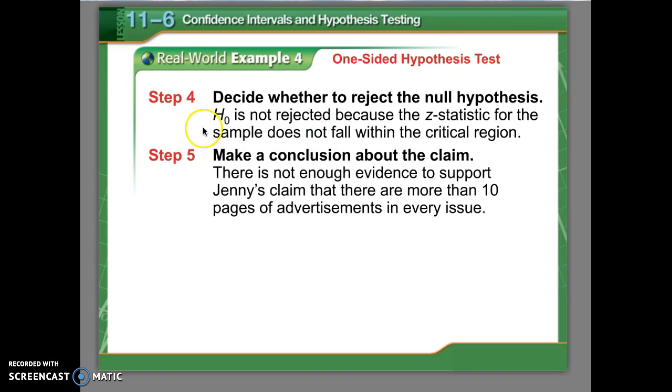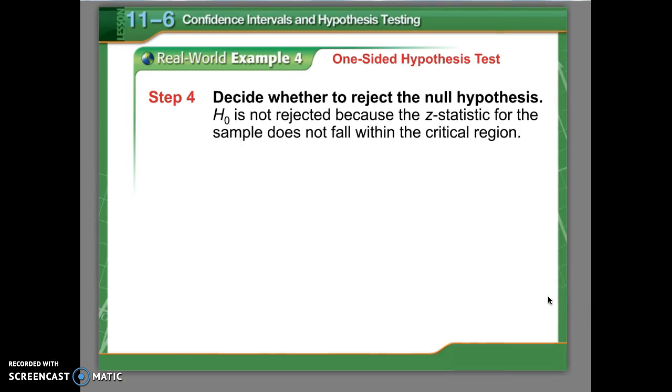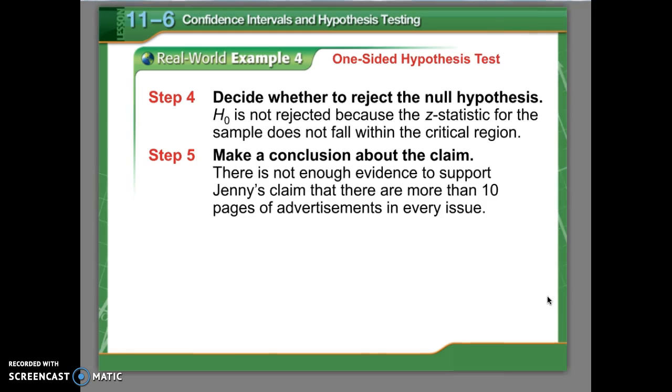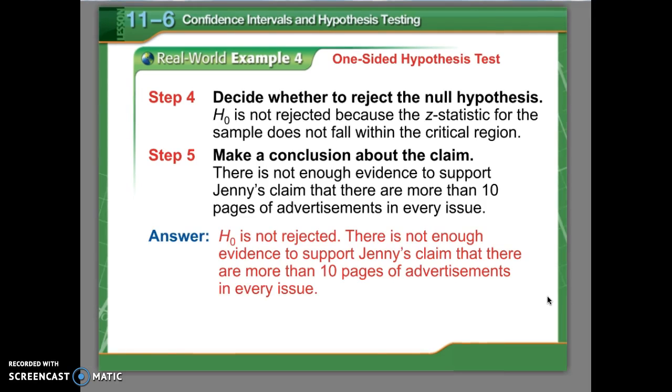So because we did not reject it, your conclusion is there's not enough evidence to support Jenny's claim that there's more than 10 pages of advertisements in every issue. Just summarizing that, the null hypothesis is not rejected. There's not enough evidence to support her claim.